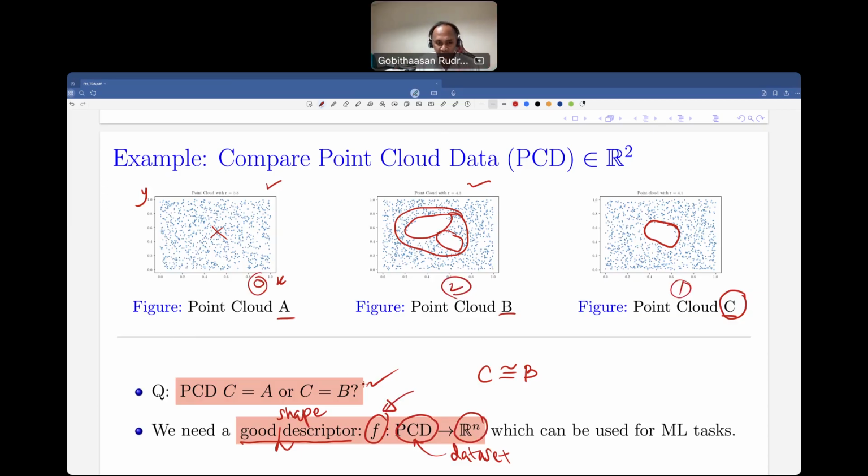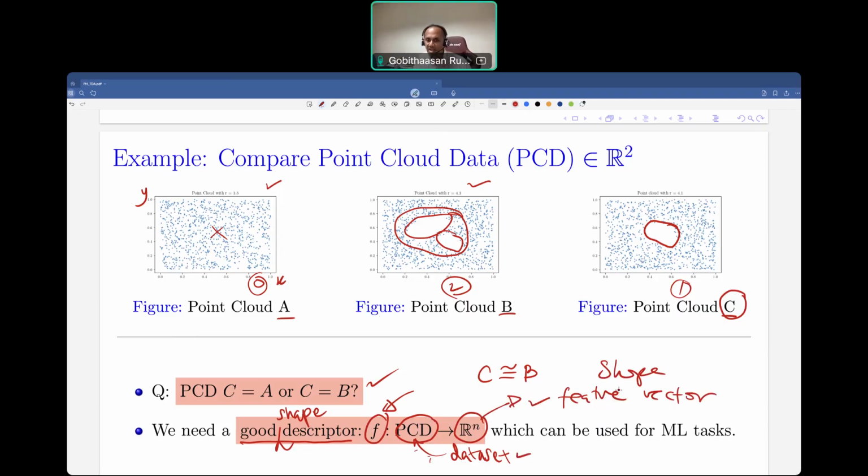So a good shape descriptor would take in a given data set, and it will give you the information of the shape in a nice array. That array can be in any dimensional space, right? This is the array that we are going to use. Actually, it's a feature vector. What type of feature vector? It is actually a shape feature vector that we are going to use for machine learning tasks.